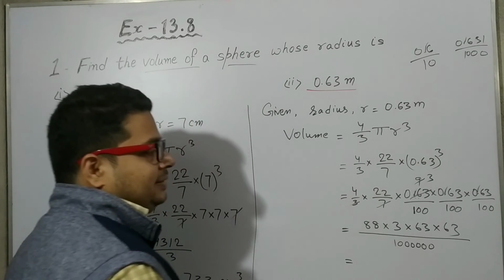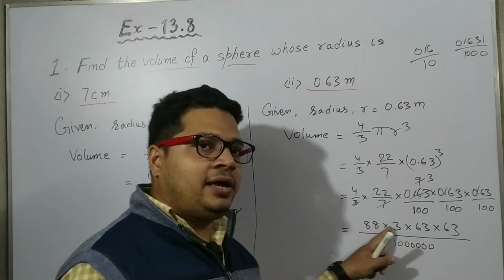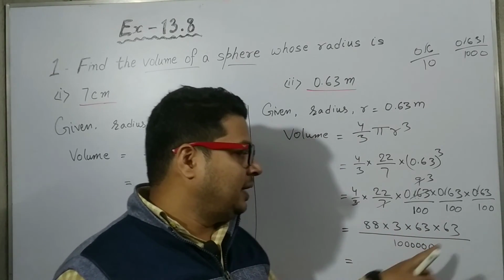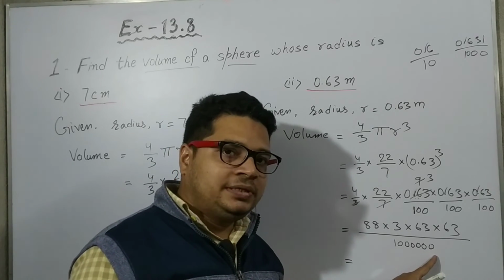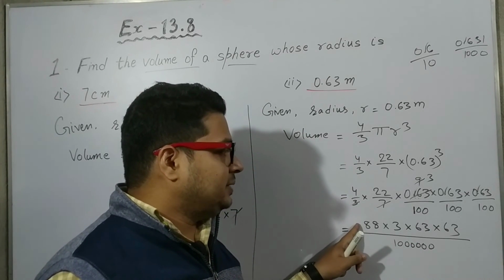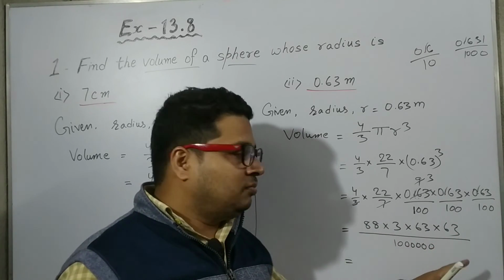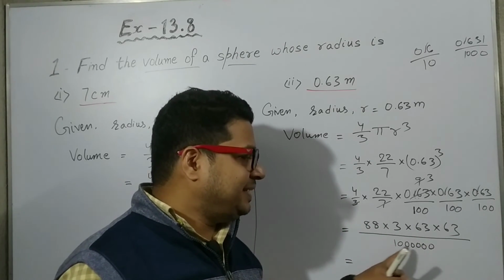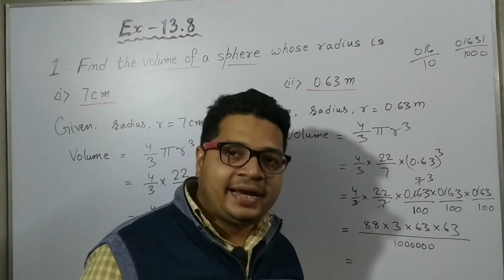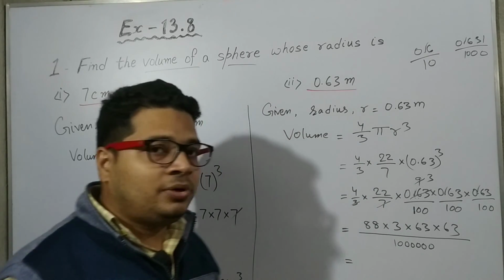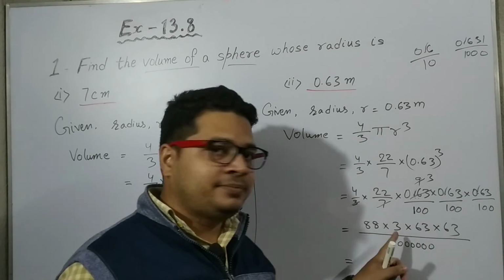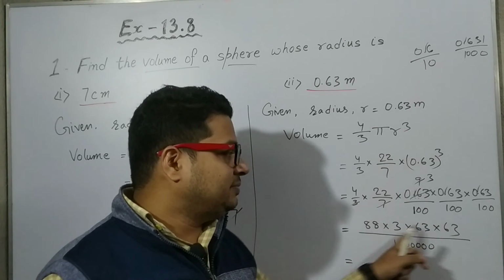And now only one thing remains here, that you have to multiply all the numbers in the numerators, and 6 zeros are there in the denominator. So whatever product we get by multiplying all these numbers, we will put a decimal point after 6 digits starting from the right side. Yes, it is also very important, starting from the right side, not from the left side, starting from the right side.